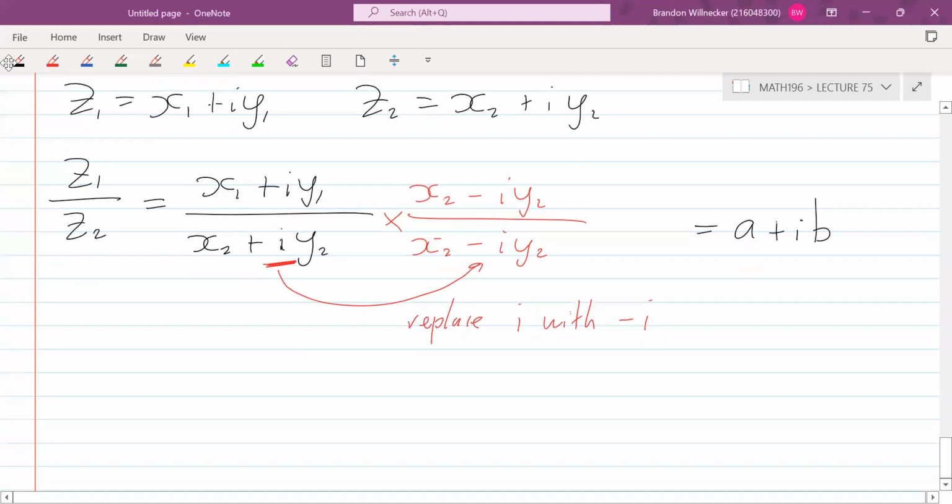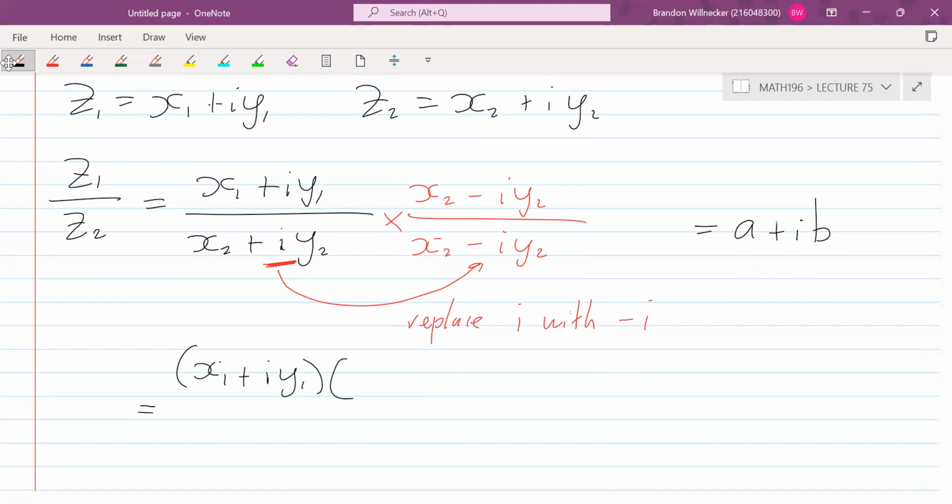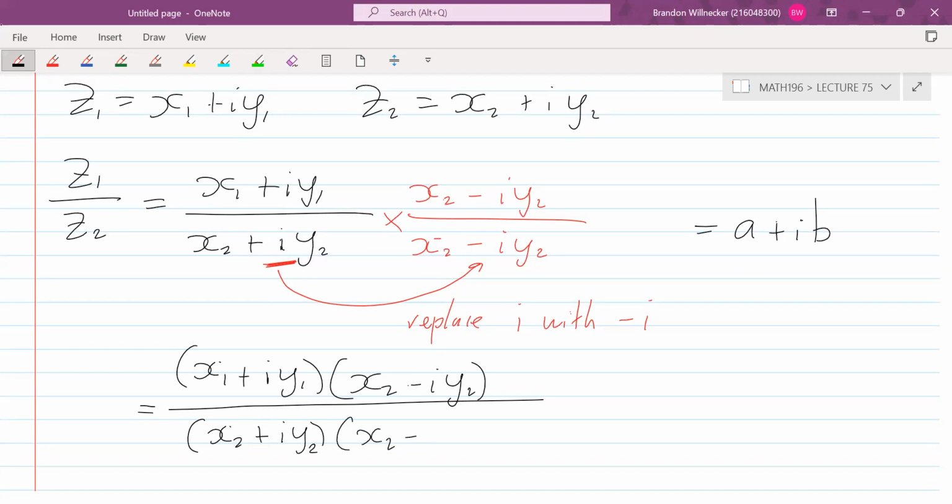Well, let's multiply this out and see what we get. In the numerator, we're going to get x1 plus r y1 multiplied by x2 minus r y2, all divided by x2 plus r y2 multiplied by x2 minus r y2.